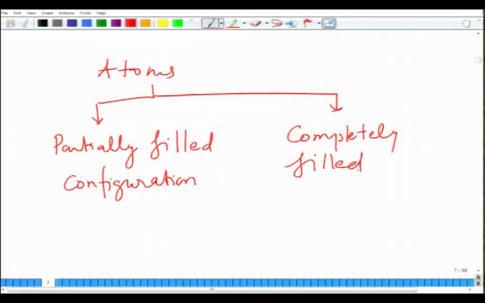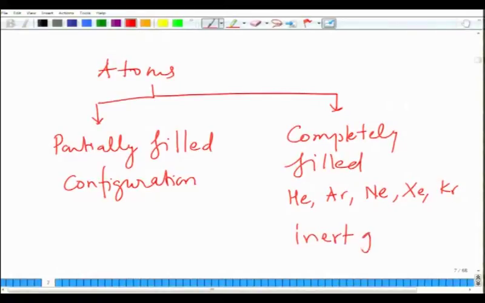So, completely filled, what are the examples? The examples are helium, neon, xenon, and krypton. These have completely filled shells, that is why they are called inert gases.